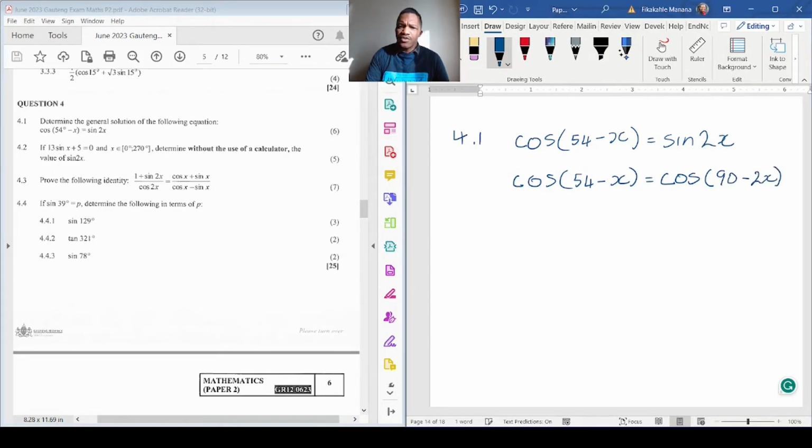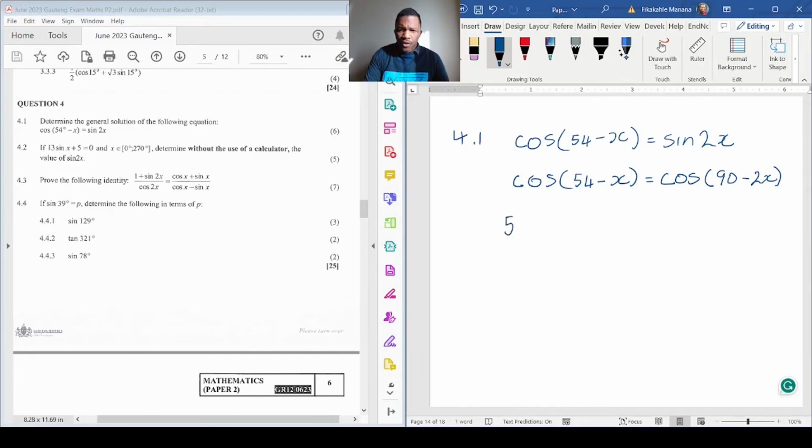Okay, sin 2x is the same as cos(90 minus 2x). From there, since we have cos on both sides, the angles must be equal.